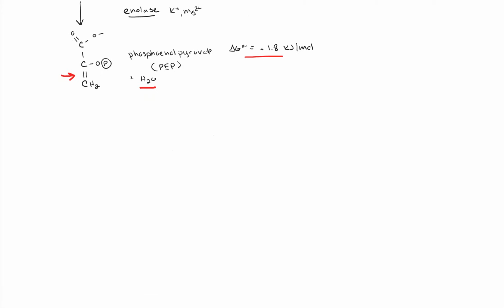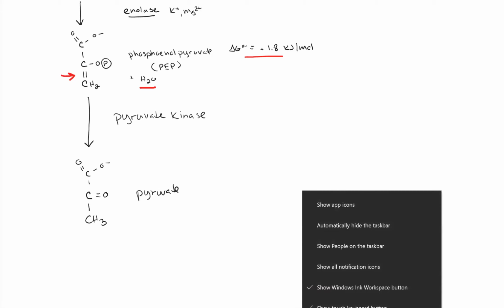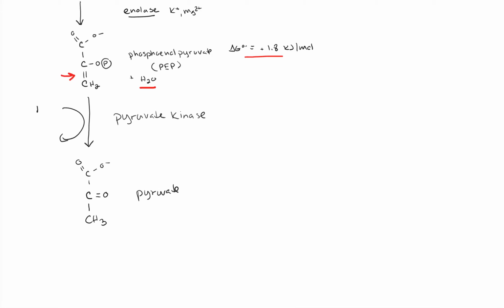So phosphoenolpyruvate, through the actions of the enzyme pyruvate kinase, yields pyruvate, which looks like this. And this particular reaction is coupled to the formation of another equivalent of ATP.